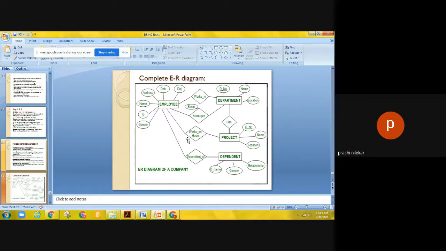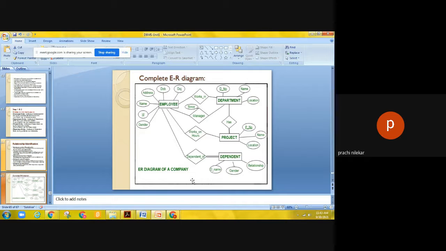We have to keep a record of how many hours employees work for the specific projects. So employee works on hours for a specific project, and employee and dependent of. Here the total participation should be there. That's why we are representing this relation by a double line.